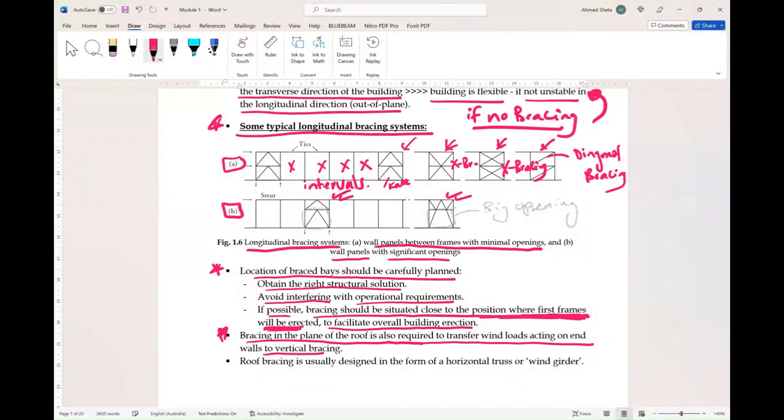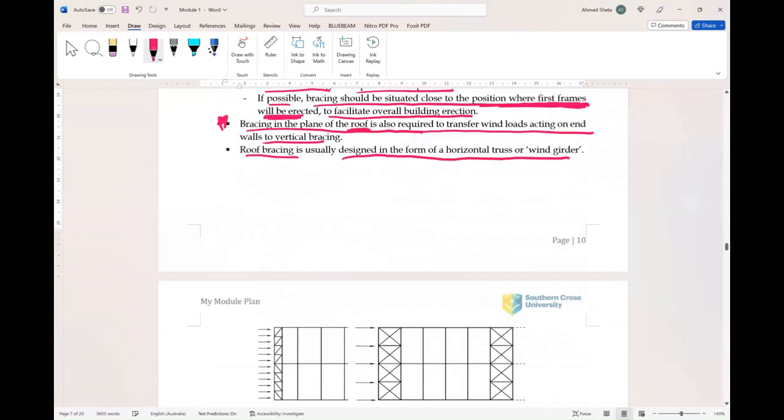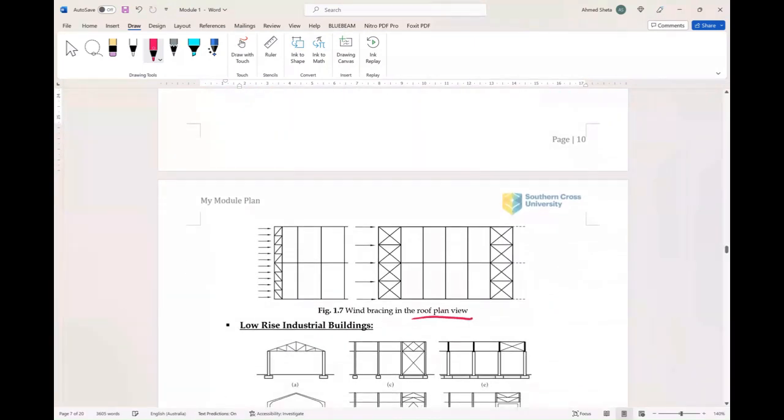So horizontal or roof bracing is also required. Roof bracing is usually designed in the form of a horizontal truss or wind girder. So this is the wind bracing in plan. This is the plan view. And this is the bracing.